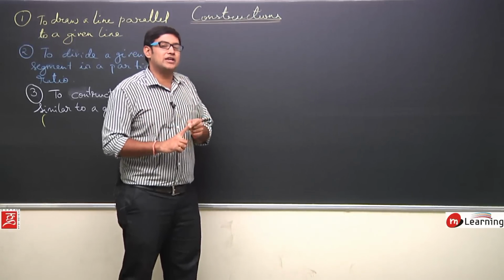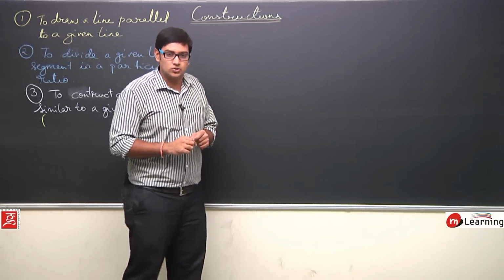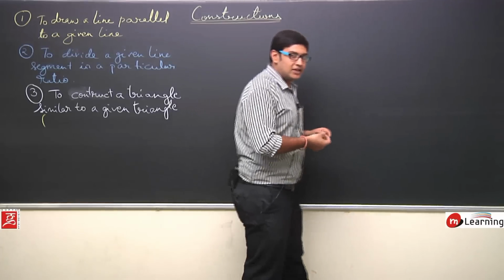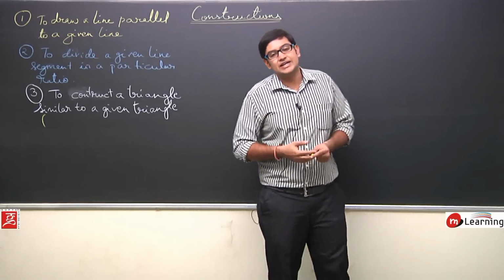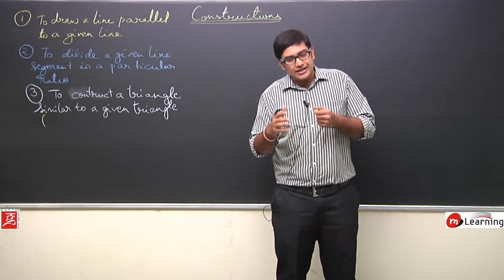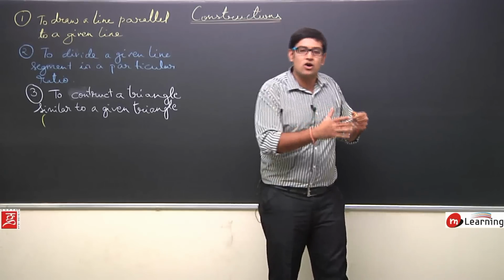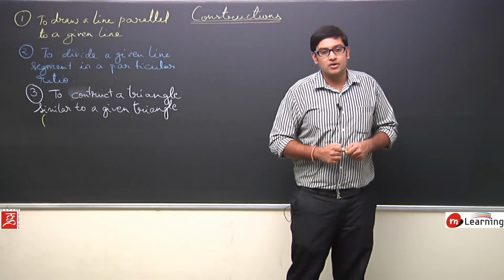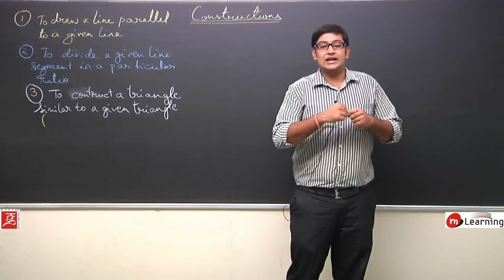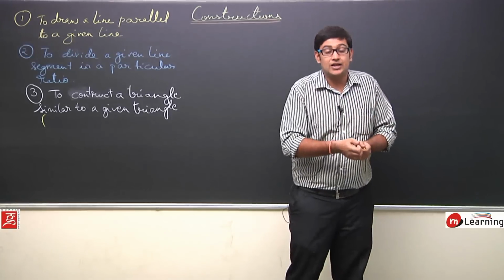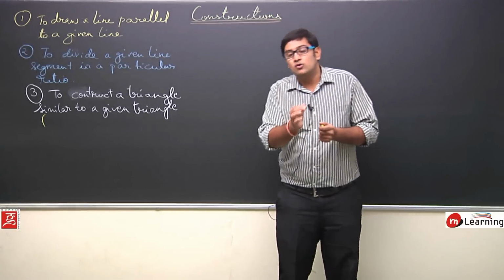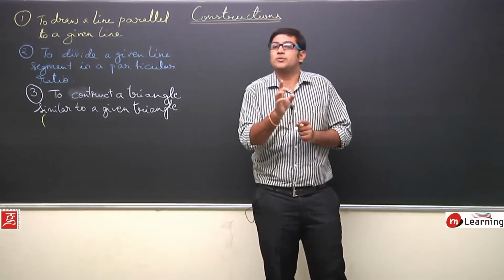Then the most important thing, what should be the ratio? For example, अगर मैं कहता हूँ, let us say ABC एक triangle है मेरे पास, मुझे इस ABC triangle के similar एक और triangle draw करना है. अब आप पूछेंगे कि ट्रायंगल बड़ा होना चाहिए या छोटा. That means you do not know what should be the ratio of the corresponding sides.